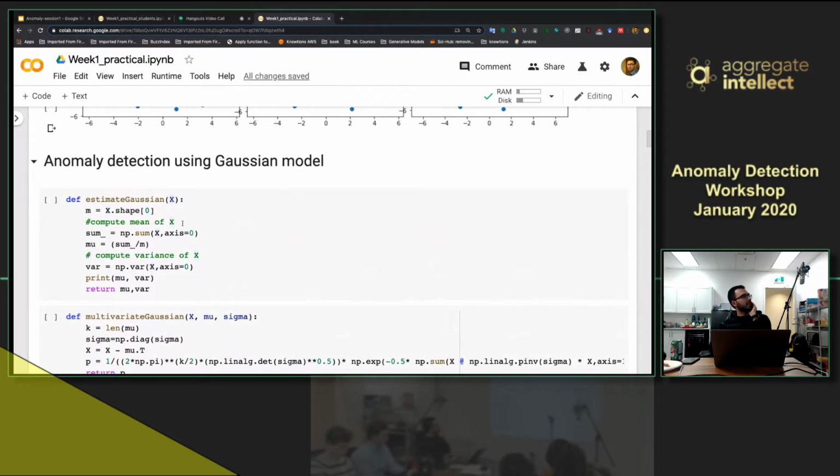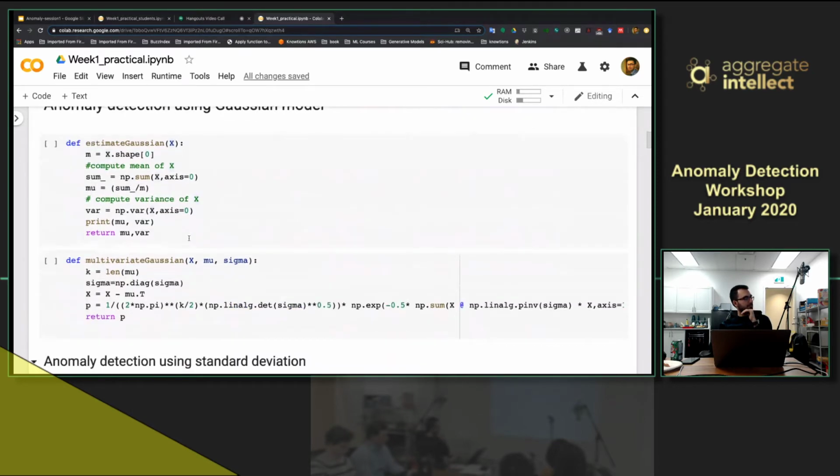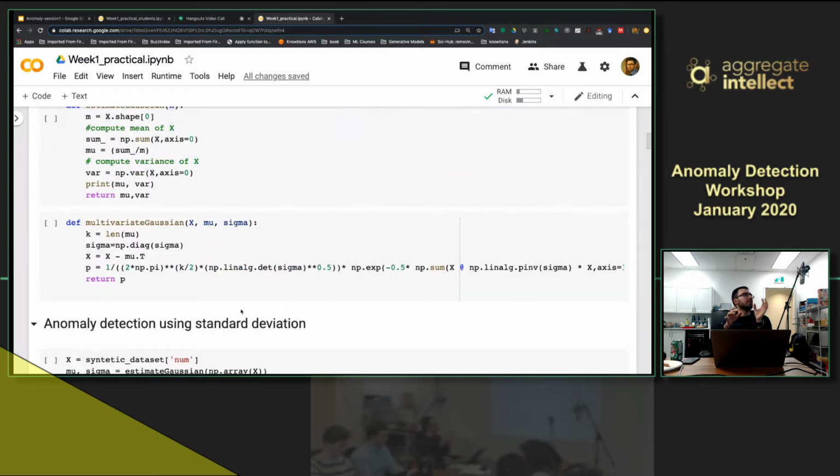There are 2 functions that I wrote. The first one, given a dataset, will compute the mean and variance per dimension. And the second one, with the assumption that all those Gaussian models you have generated are independent from each other, will compute the probability.